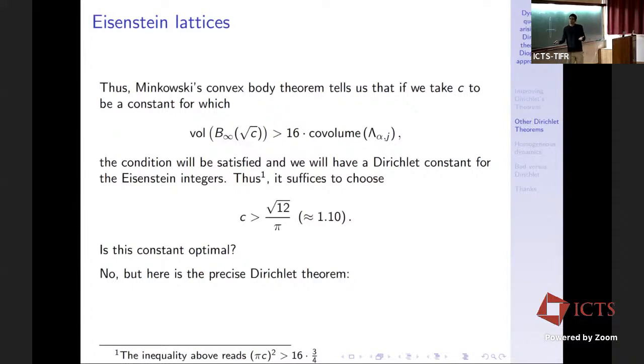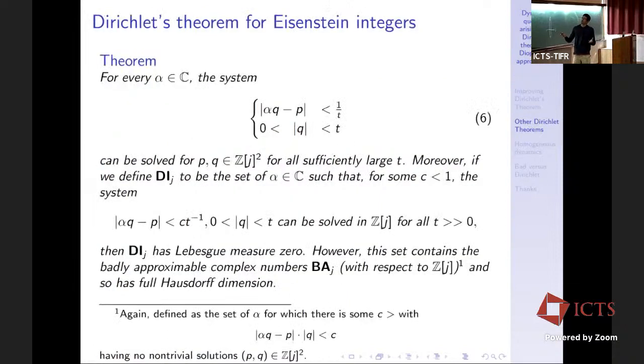But in case you're confused, again, I wanted to point out that the co-volume of this thing is 3/4. That's how you solve for C. And then you get a constant, but it's not an optimal constant.